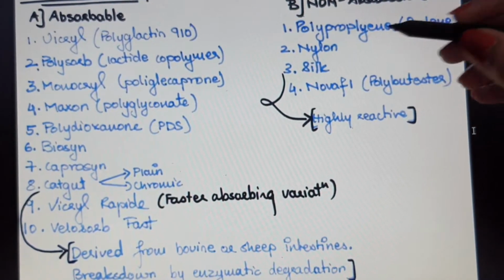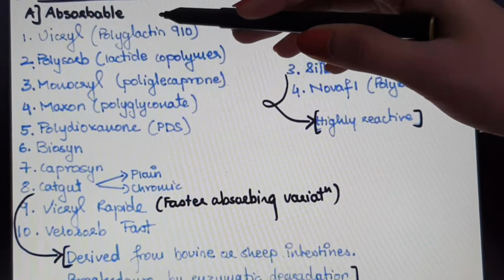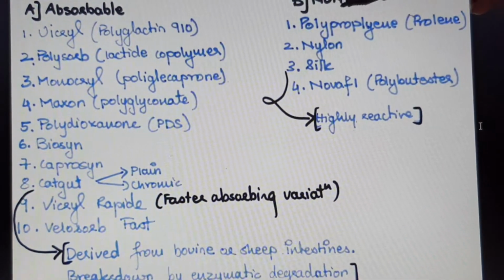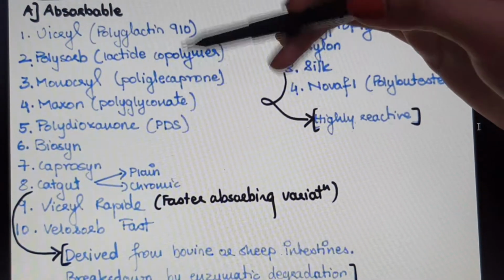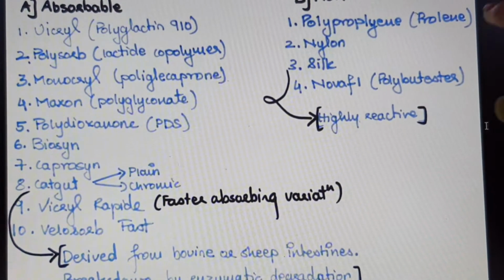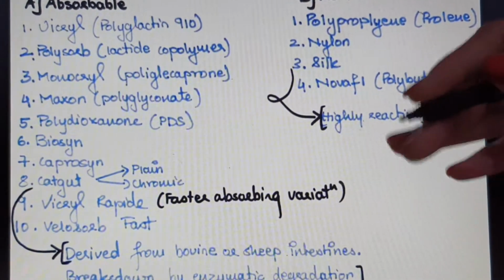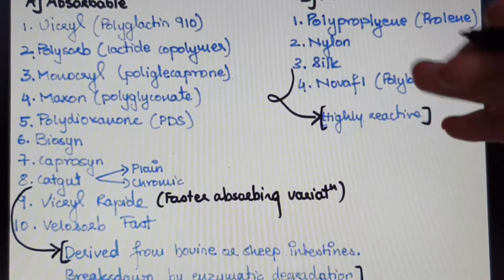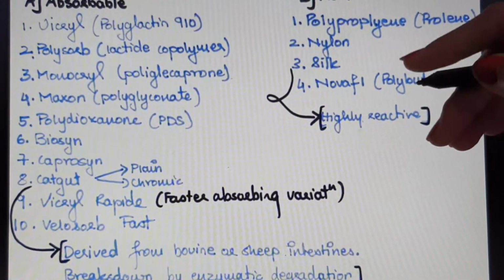Now, Vicryl is an absorbable suture material which is present in braided coated forms, and it is the most frequently used suture material. Then it has a modification to it, which is the Vicryl Rapid. It is a fast absorbing variation which loses its strength entirely in less than 2 weeks.